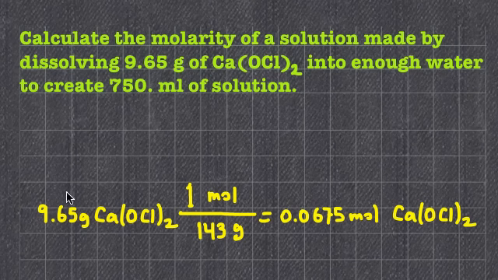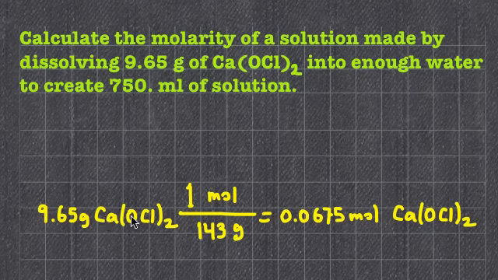The first thing I think to myself when I see in a question I'm given grams, 9.65 grams of a salt, I go ahead and change it to moles, because molarity especially requires that we have our solute in moles. So I take 40.1, 16, and 16.